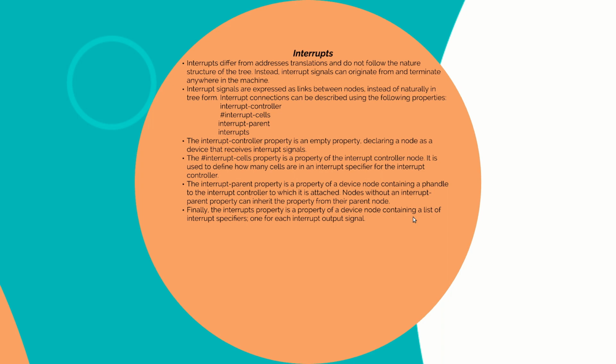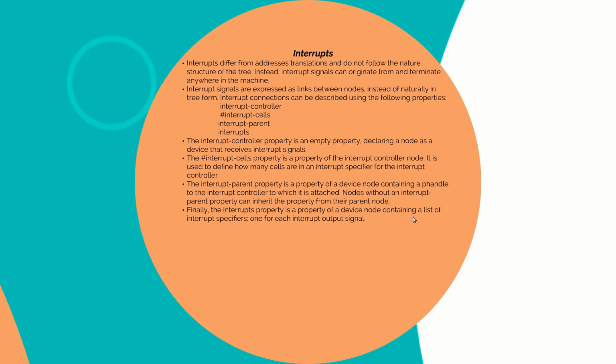There are different terms: interrupt controller, interrupt cells, interrupt parent, and interrupts. The interrupt-controller property is an empty property; it's just declaring a node as a device that receives interrupt signals. The interrupt-cells property is a property of that interrupt controller only, and it is used for checking how many cells are in the interrupt specifier for that interrupt controller.